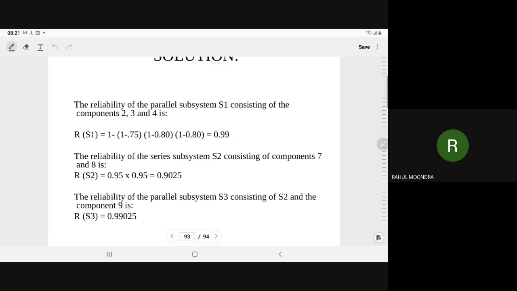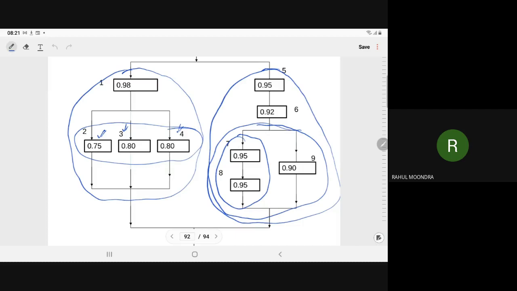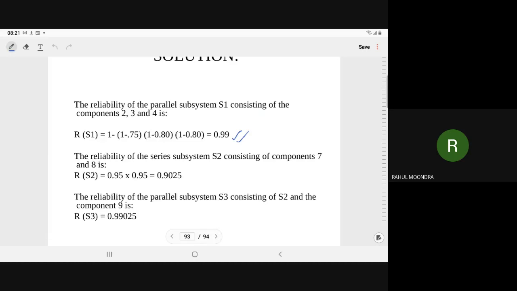So it will come to 0.99. Then the reliability of the series subsystem S2 consisting of components 7 and 8. These 7 and 8 are arranged in series. For the reliability of a series system, it is the product of the reliabilities, so 0.95 into 0.95, which is 0.9025.